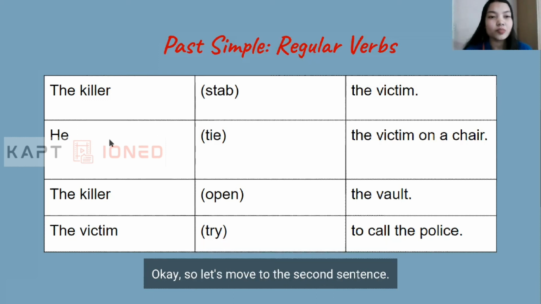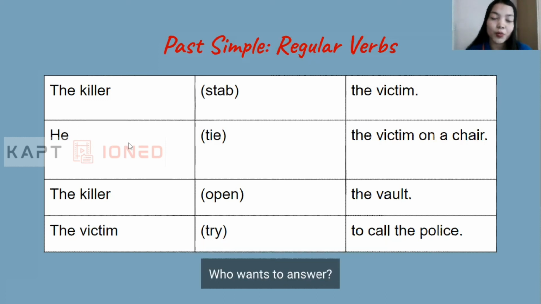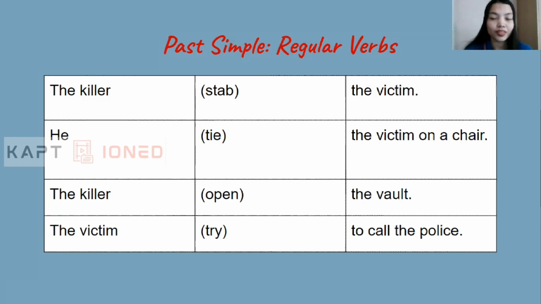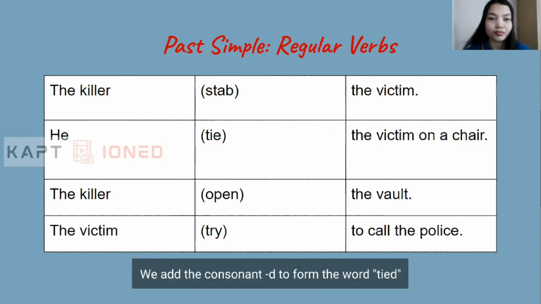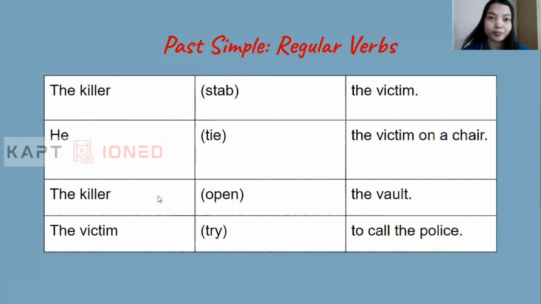Okay, so let's move to the second sentence. Who wants to answer? Ma'am Javier po. Yes, Mr. Javier. We add the consonant D to form the word tied.